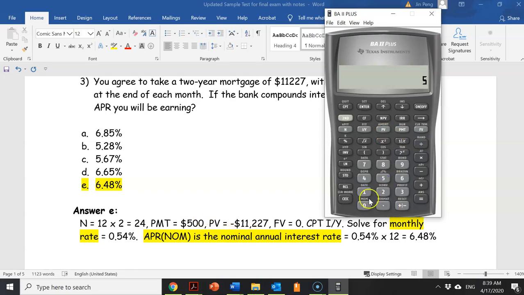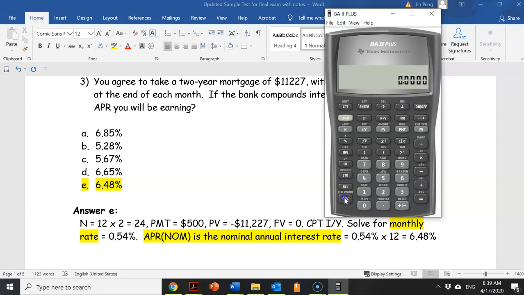And I'm going to pay back 500 as payments. It's cash income for the bank, monthly income. Future value is 0. N is 24. Compute for I. This is how we get 0.5397, which is about 0.54 as the monthly rate.